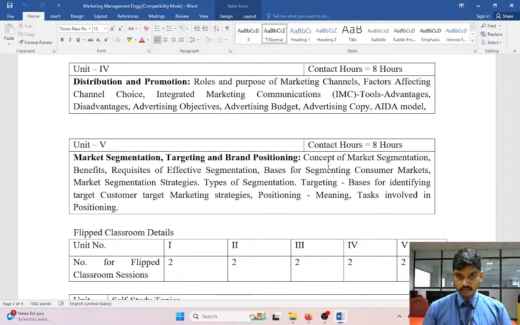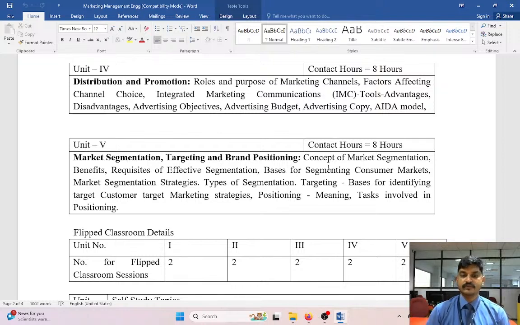So module 4 or unit 4 basically deals with different distribution strategies, followed by something called as integrated marketing communication. Here we shall discuss about aspects pertaining to advertising, direct marketing, publicity, promotion, sales promotion, and all these activities which an organization undertakes to ensure that the communication message reaches the end consumer.